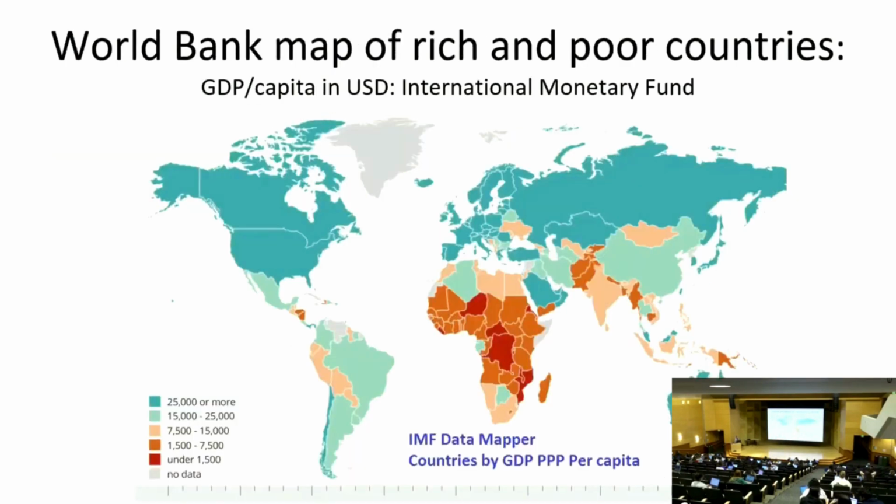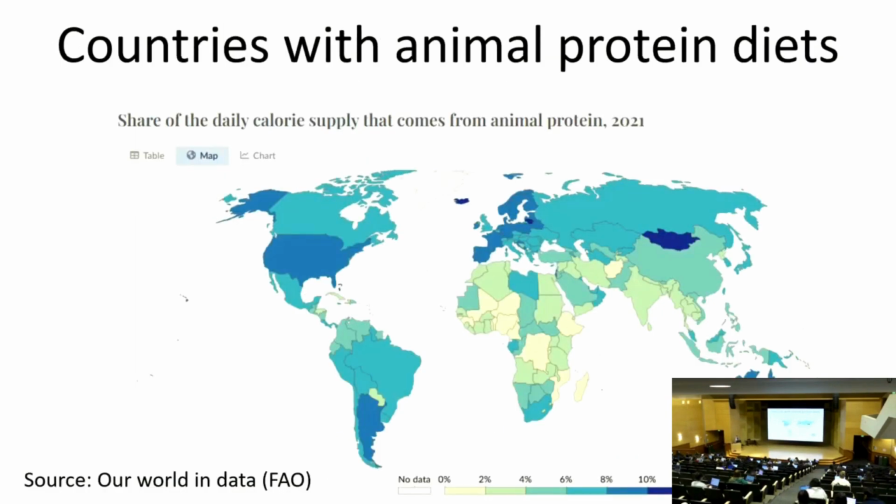Then we looked at the World Bank map of rich and poor countries, focusing on Sub-Saharan Africa, South Asia, meaning India, Southeast Asia, and parts of Latin America. And this is the point which will be coming back all the time. This map of rich and poor countries from the World Bank is pretty much the same map as the map of dietary adequacy from the FAO.